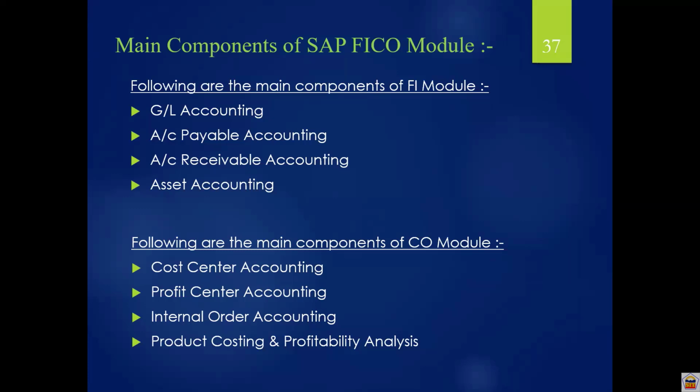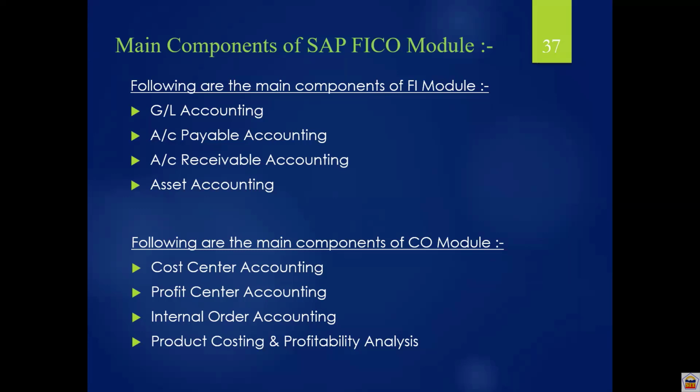And how we can do the setting for the depreciation calculation, how we can do the purchase of asset, sale of asset, transfer the value of an asset from one asset to another asset, scrapping of assets. All these activities we are going to see under fixed asset accounting.